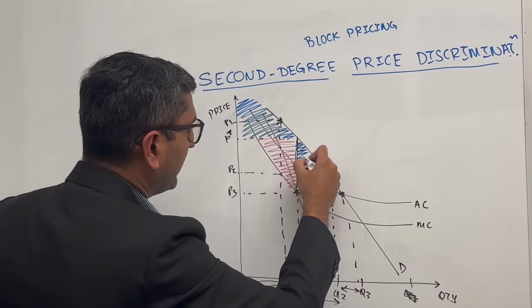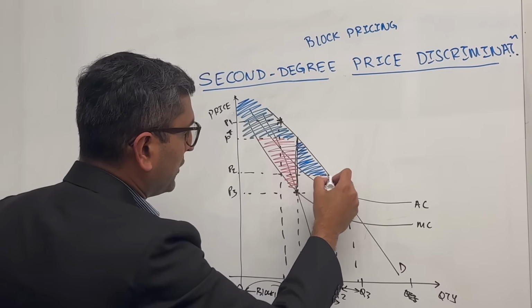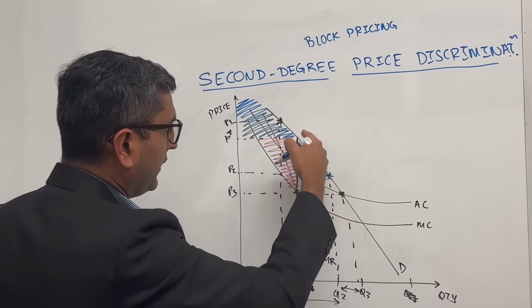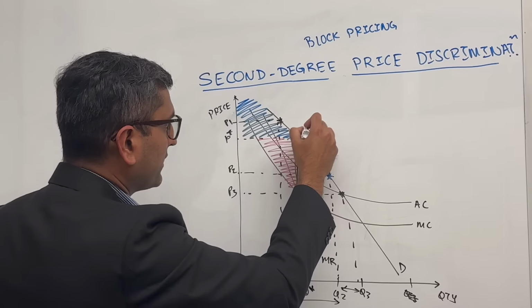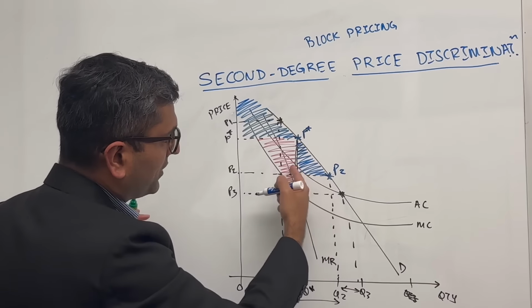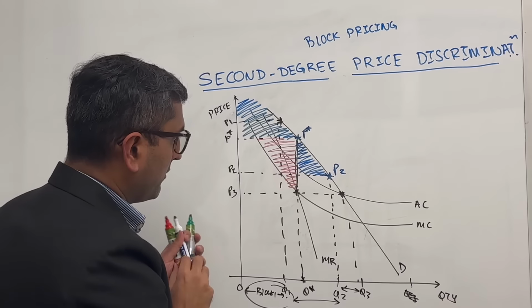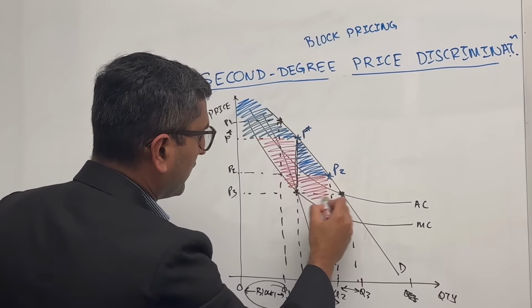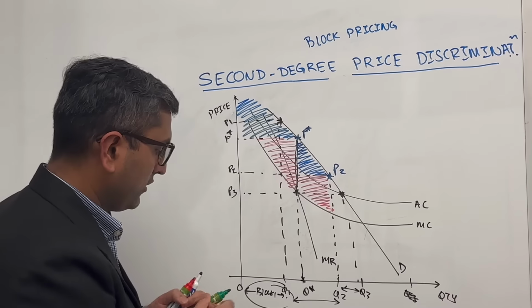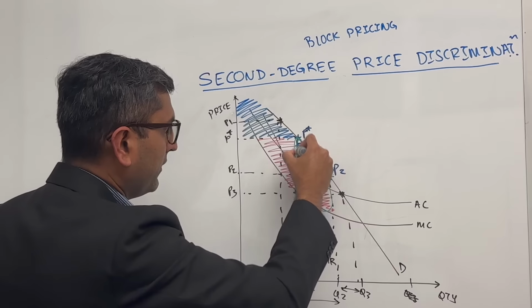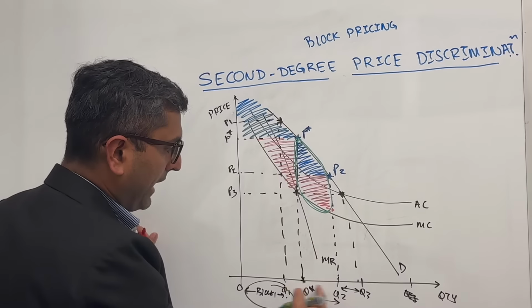Consumer surplus got added here, because these customers who are now paying a much lower price than your equilibrium price of P star are able to just pay P2. Producer surplus also got added. So this whole thing is new, meaning with block prices, both of them benefited by this amount.